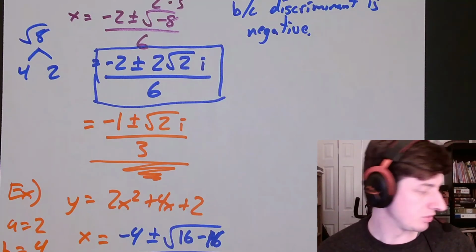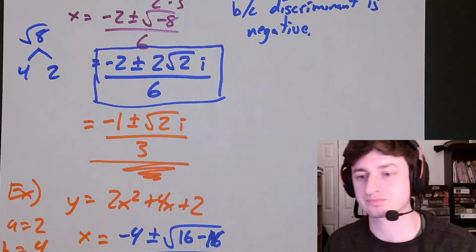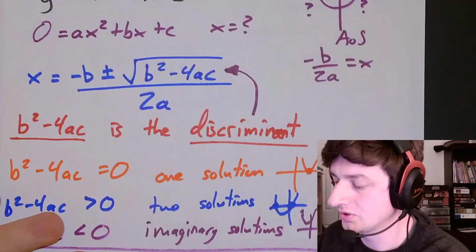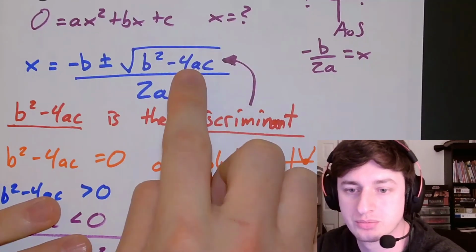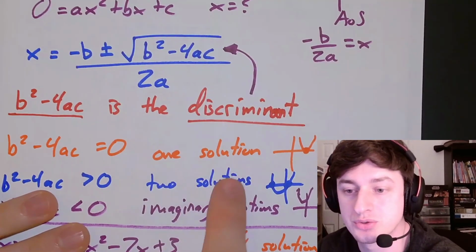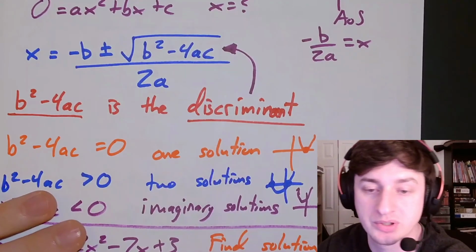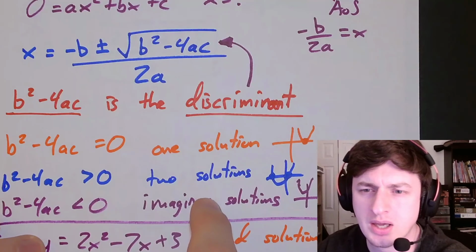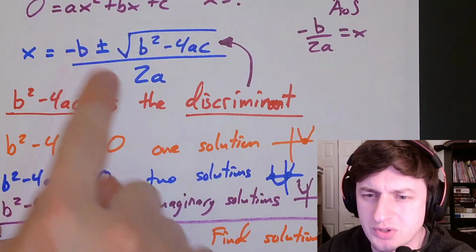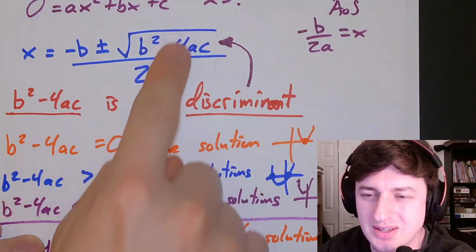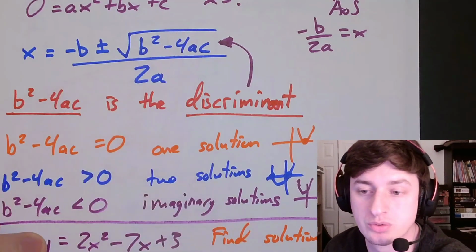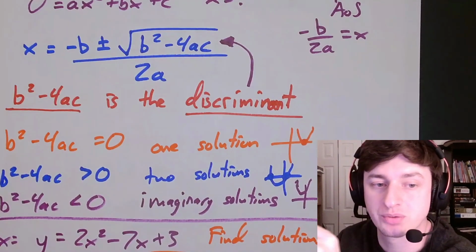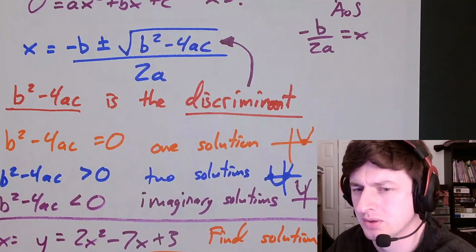Okay, so again, the discriminant of the quadratic formula controls what kind of solutions there are. We talked about those already a little bit, not just today, but before. And the vertex is at negative b over 2a, and so we're adding and subtracting this amount to find out where the roots are, because the roots are equidistant from the vertex to the left and to the right.